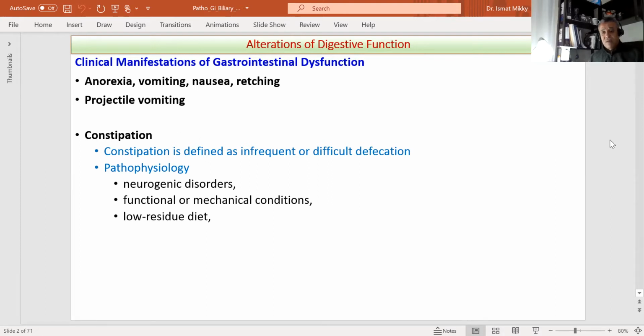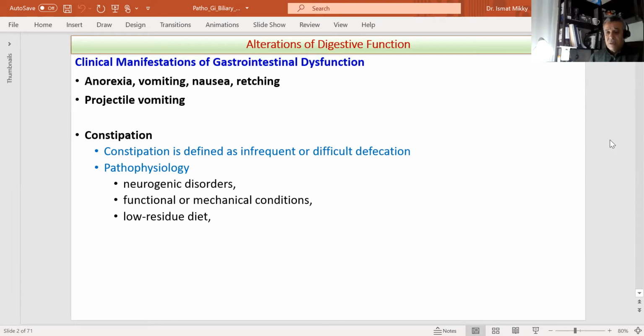Projectile vomiting is spontaneous vomiting that doesn't follow nausea or retching. Suddenly the patient starts vomiting projectile, and it's associated with many diseases, but one of them is pyloric stenosis, and we'll get to that as we discuss the GI tract.